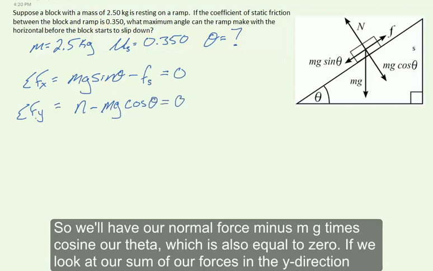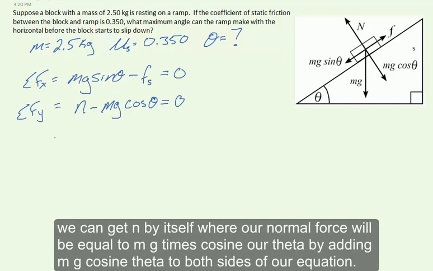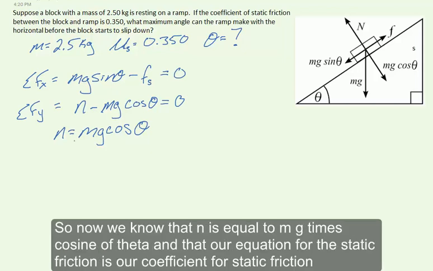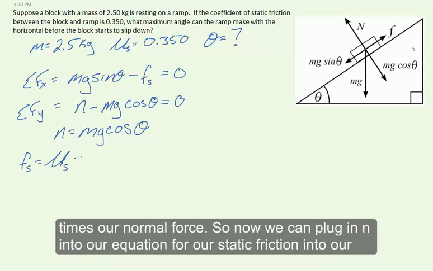We can get n by itself, where our normal force is equal to mg times cosine theta, by adding mg cosine theta to both sides of our equation. So now we know that n is equal to mg cosine theta, and that our equation for the static friction is our coefficient of static friction times our normal force.